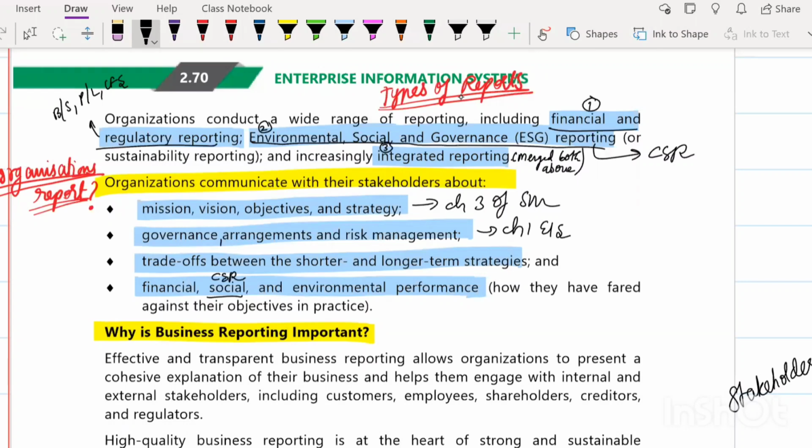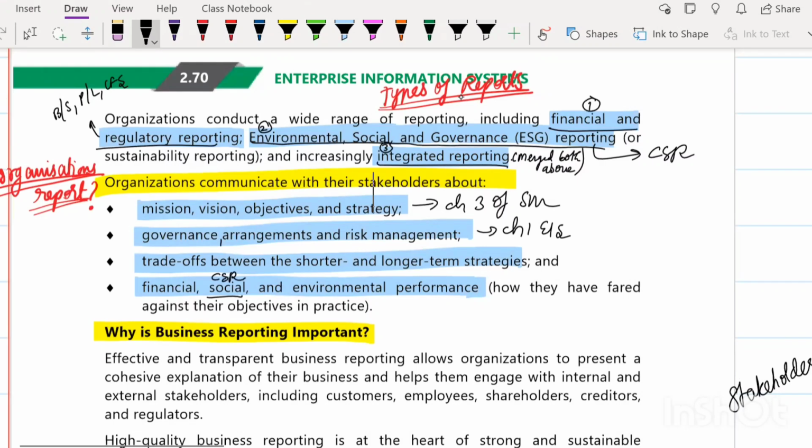You would have heard of CSR, corporate social responsibility, that the companies must do for the society, something like 2% of the profit. On that also, how much you have spent on the society, or on environmental factors, or on welfare factors, that report can be given. That is known as environmental social governance reporting.